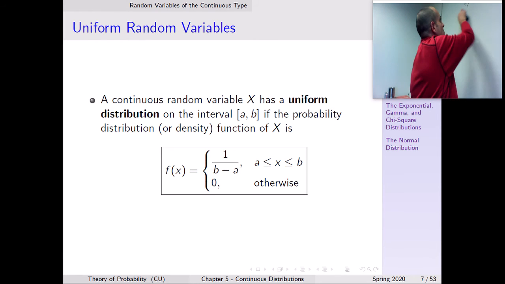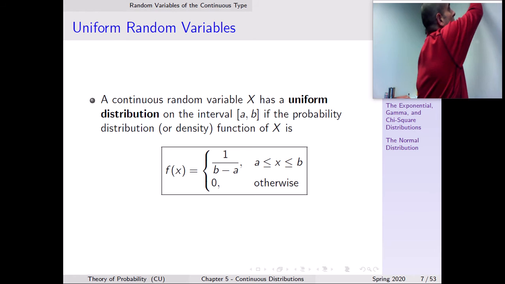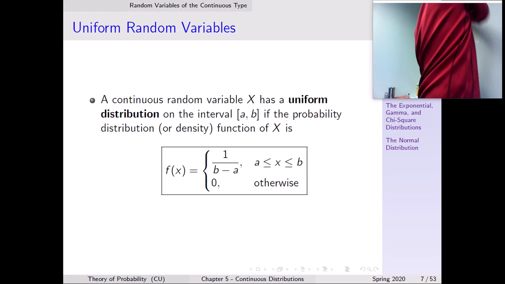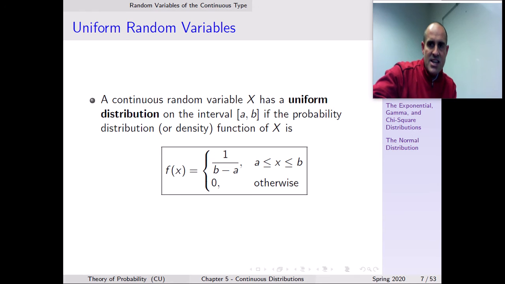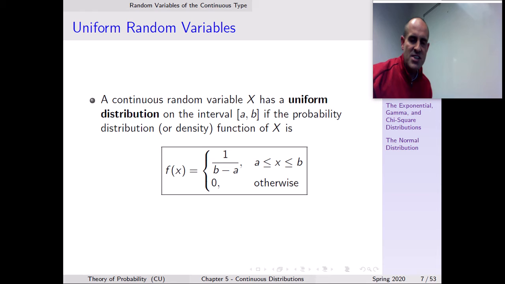Okay, so let's think about that for a minute. I say on this slide that the density is given by f of x equal to 1 over b minus a for x between a and b. Okay, well, what does the graph of that thing look like?